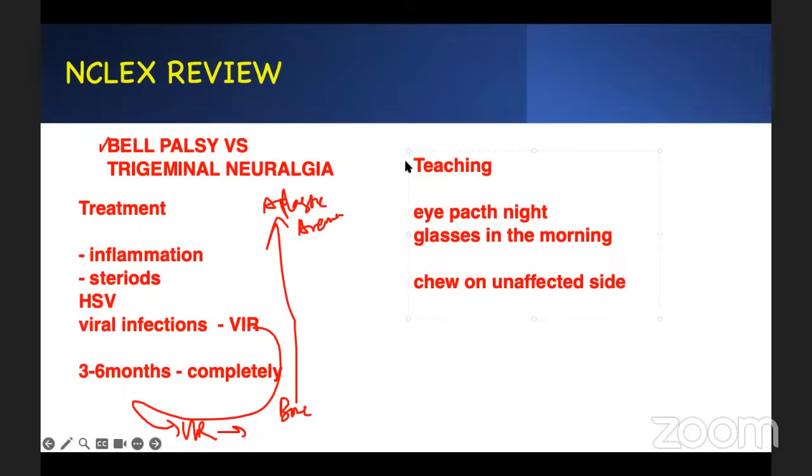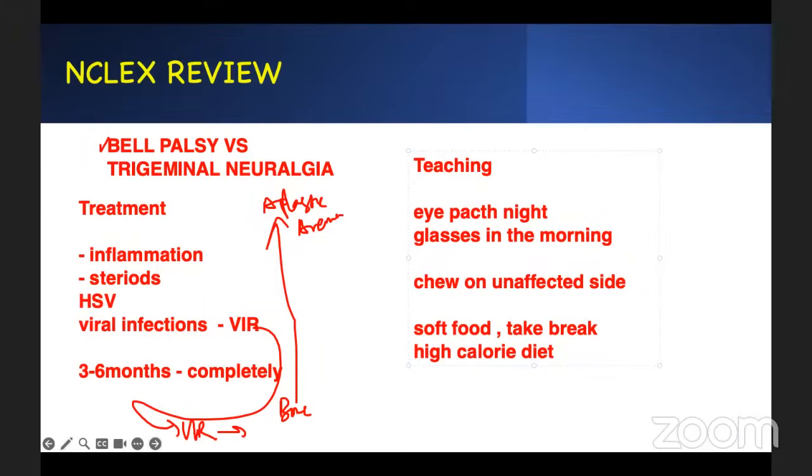Because they're at risk for drooling and aspiration, you want them to eat some soft food, okay? And take breaks slowly when you're eating. Their food, they won't be able to eat well, so they should have a high calorie diet, because they're going to eat small amounts as much as possible.